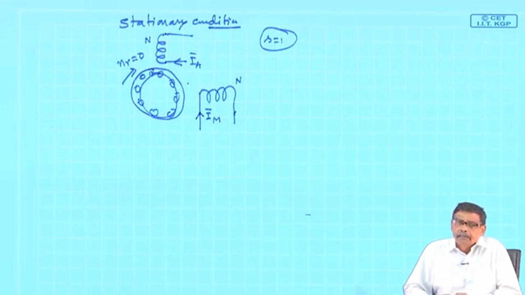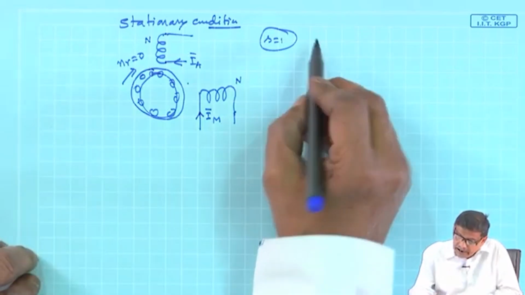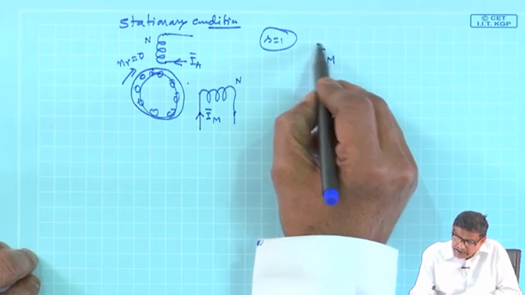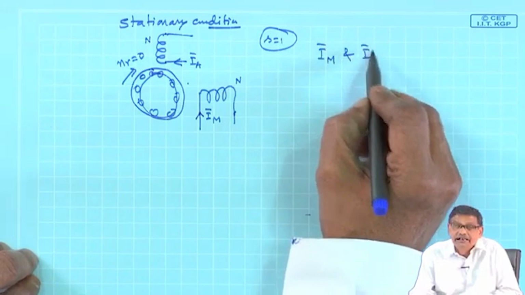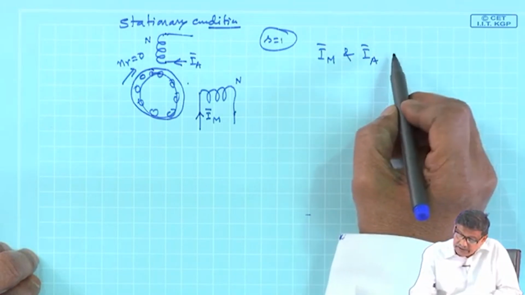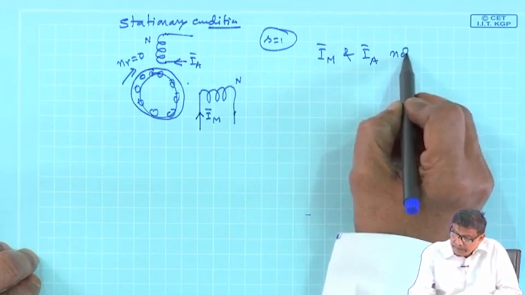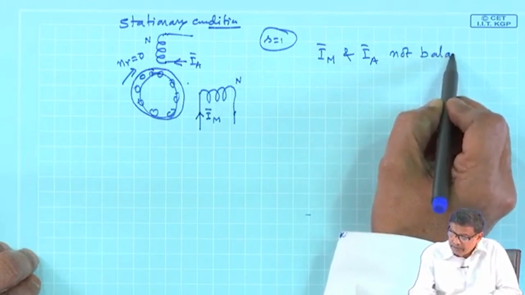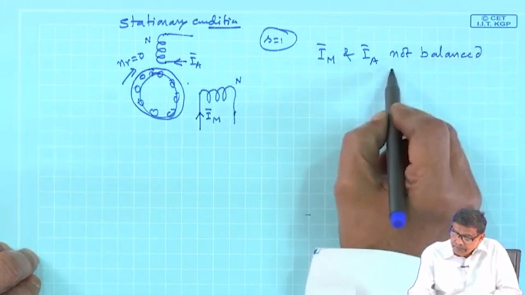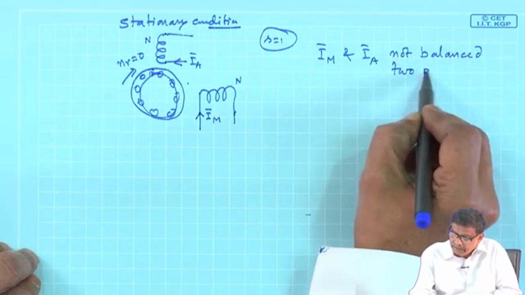That is I m and I A, that will be the most general case, I m and I A not balanced two phase current.